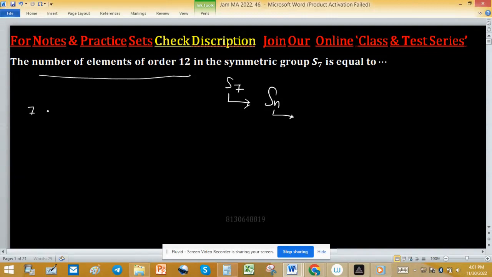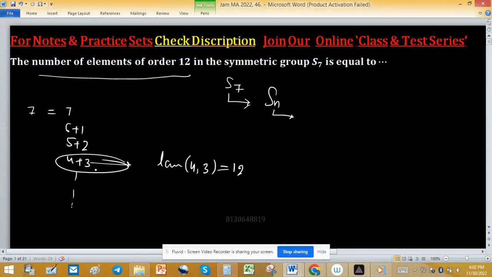So the partitions of 7 are 7, 6 plus 1, 5 plus 2, 4 plus 3, and other partitions you can do. But in this partition, 4 plus 3, the LCM of 4 comma 3 is 12. So only for this partition will elements of order 12 exist.